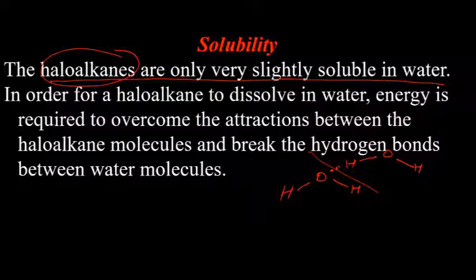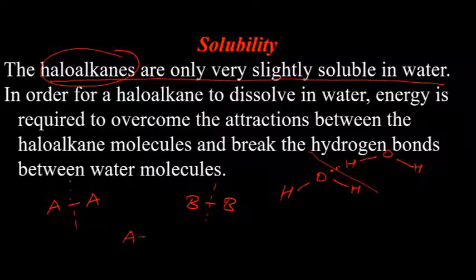So how does the solubility actually take place? Suppose this is A molecules and this is another liquid B molecules. If we mix, this must be able to break these two bonds and there should be a new bond AB formed. Only then can we say that these two are miscible.